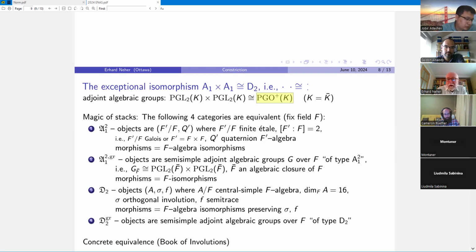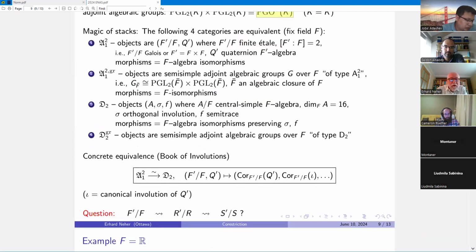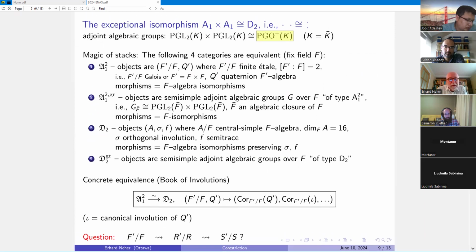But of course, there are concrete isomorphisms, and you can see a very concrete isomorphism in the Book of Involutions, and this is where corestriction comes into play. Namely, the category A1 upper 2 is equivalent to the category D2 by taking a pair F prime over F, Q prime, and mapping it to the corestriction algebra, the corestriction of Q prime.